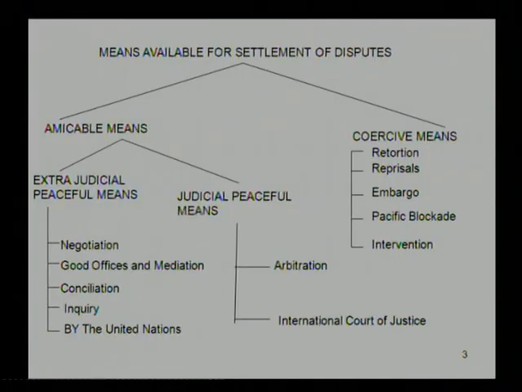Now if you look at the slide, it says that amicable means include extrajudicial peaceful means and judicial peaceful means. This extrajudicial peaceful means includes negotiation, good offices and mediation, conciliation, inquiry, and settlement by the United Nations itself. So this extrajudicial peaceful means includes 5 main methods to solve the dispute.